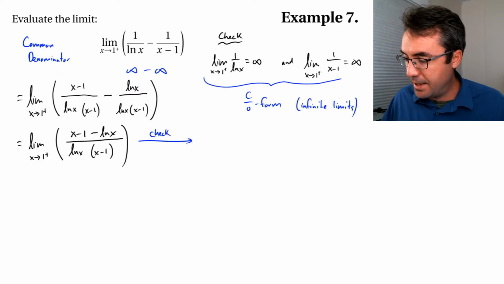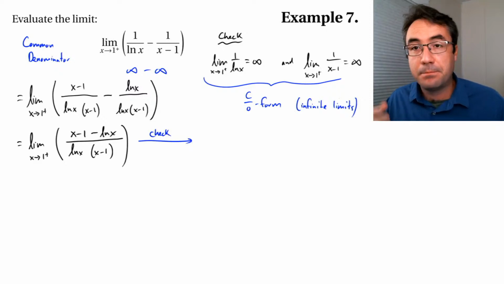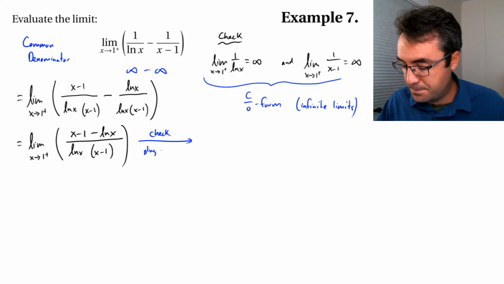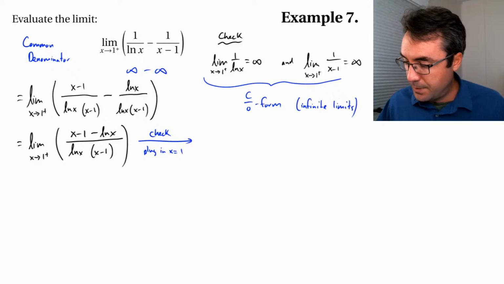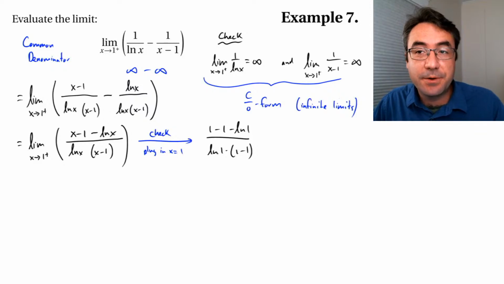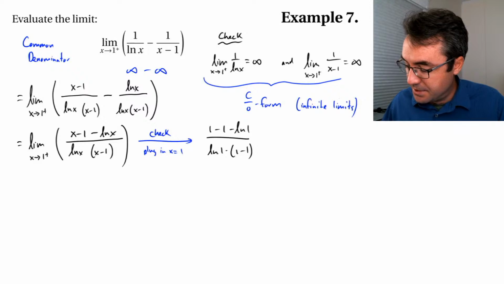So let's plug in x equals 1. So when we do that, we get 1 minus 1 minus natural log 1 over natural log 1 times 1 minus 1. And natural log 1 is equal to 0. And 1 minus 1 is 0, so we see that this is a 0 over 0 form.